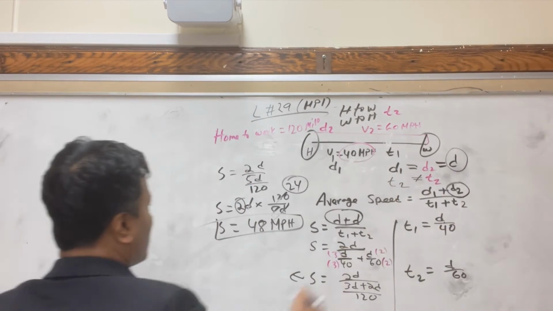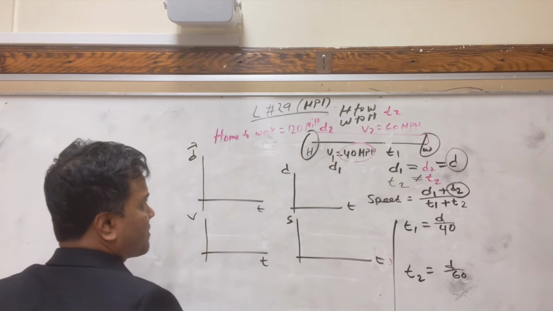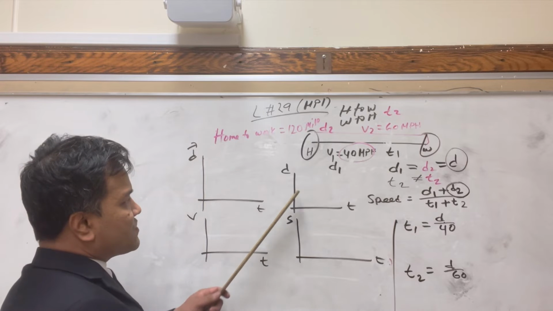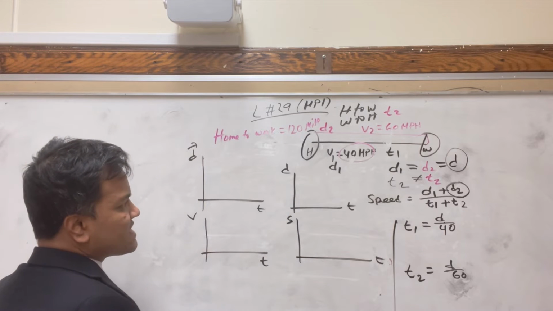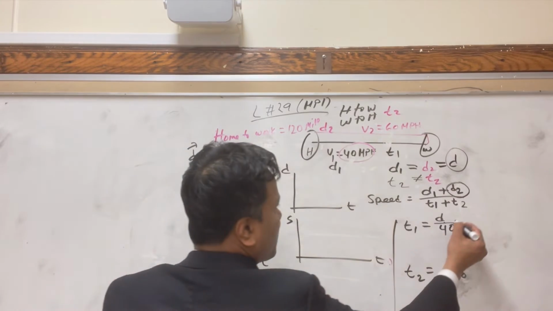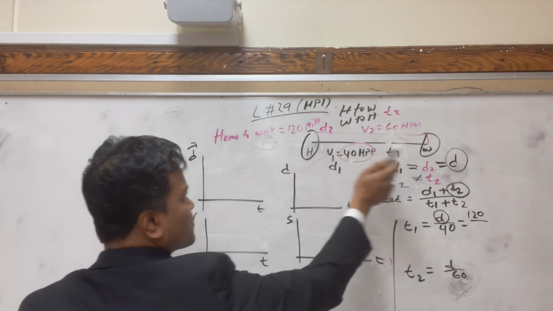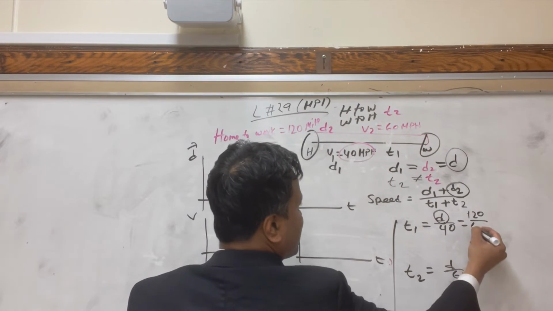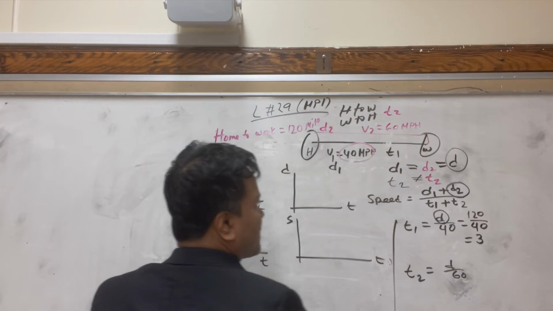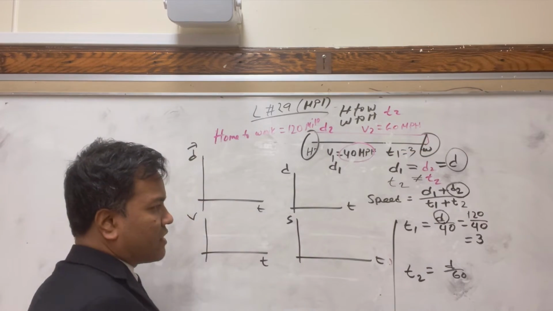What distance are we talking about? Distance 120, from home to Brooklyn Tech, divided by 40, which is 3. So t1 takes 3 hours.